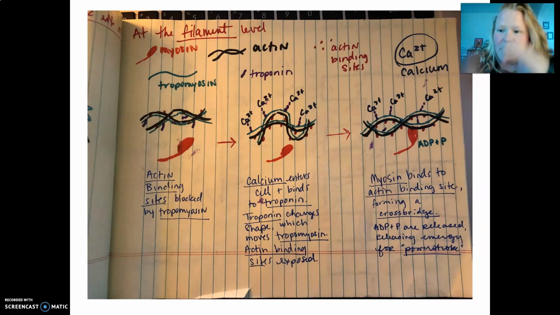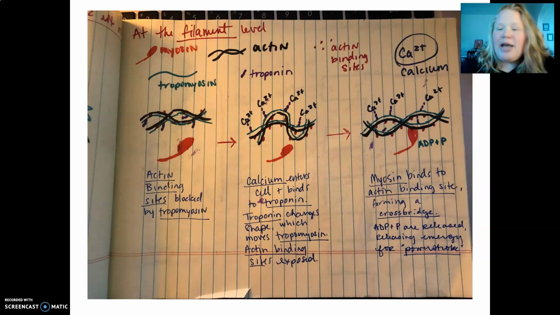Remember, troponin loves calcium. There are red dots, and those red dots are the actin binding sites. So that's the only place that myosin is allowed to grab onto actin. Okay, so in our first picture, we have the actin binding sites blocked by tropomyosin, because tropomyosin is there to make sure that your muscles just aren't all contracted all the time.